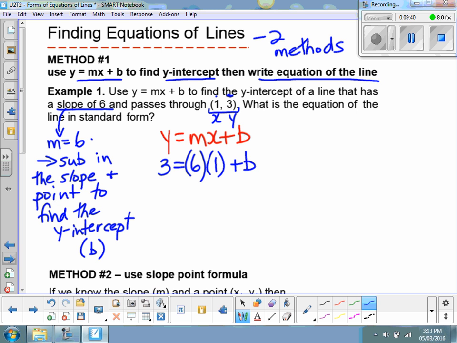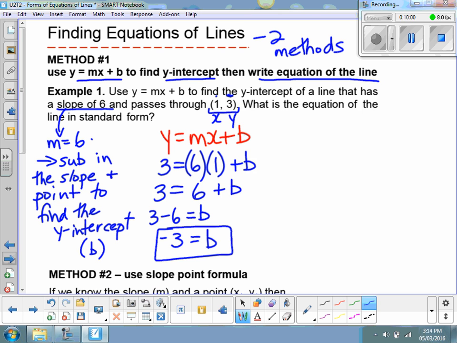And then I don't know what b is, I have to find that out. So I end up with 3 equals 6 plus b. 6 moves over and changes to subtraction. So I end up with b equals -3. Now I know the slope and the y-intercept of the line.